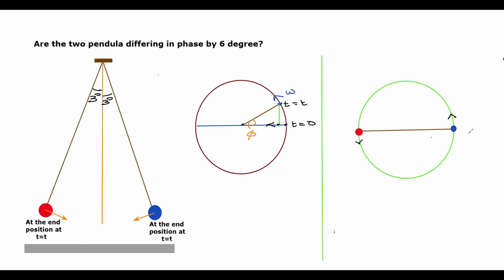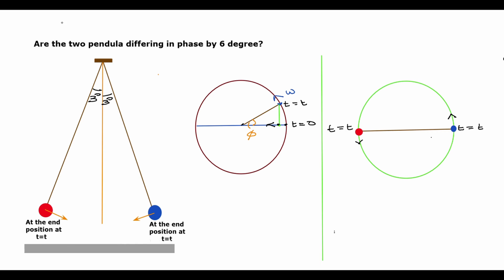This is the position of the two oscillating bobs at the same instant t equal to t. Phase is an angle measured with this, you may call this x-axis.